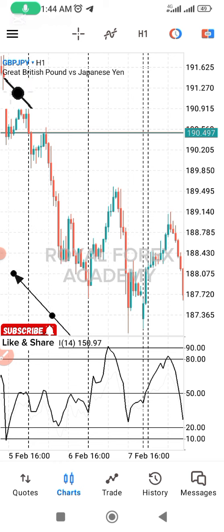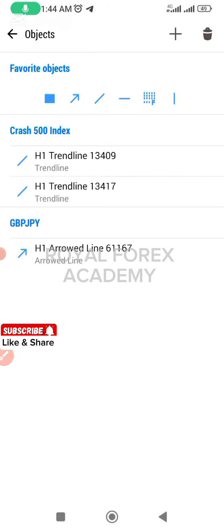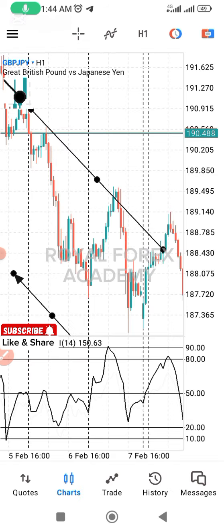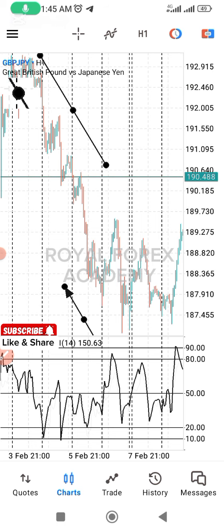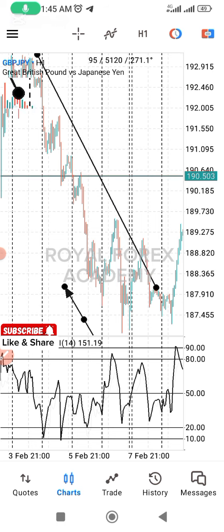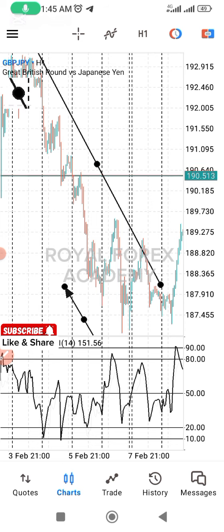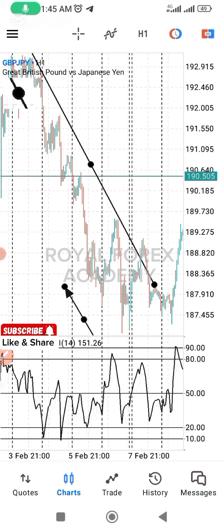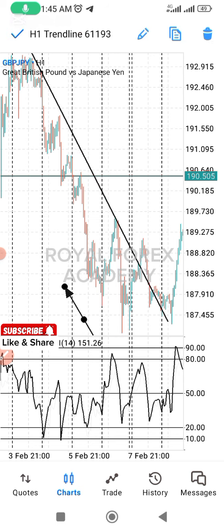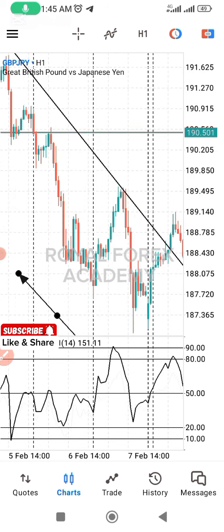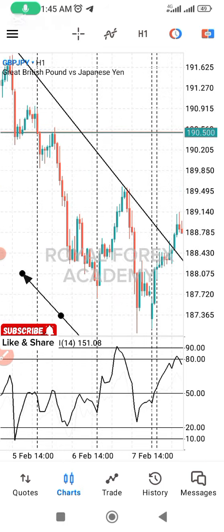So we can now connect our trend line. You can see here is my trend line, and I have it connected to price movement. So this is my trend line.